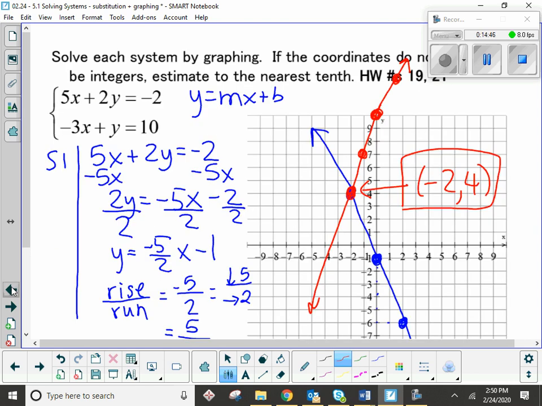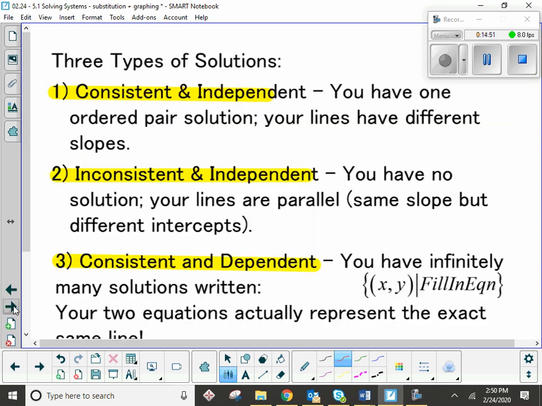It's where they intersect, and that was their ordered pair. So this is saying when you only have one solution, because they intersect.